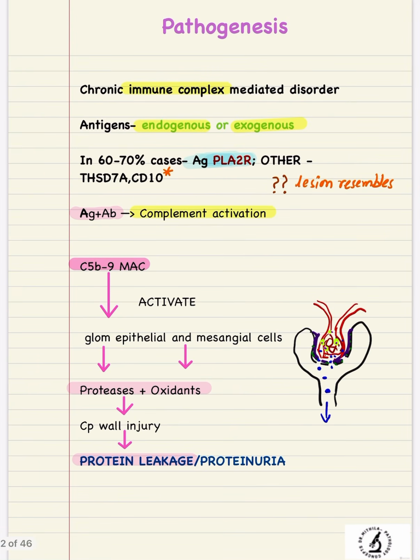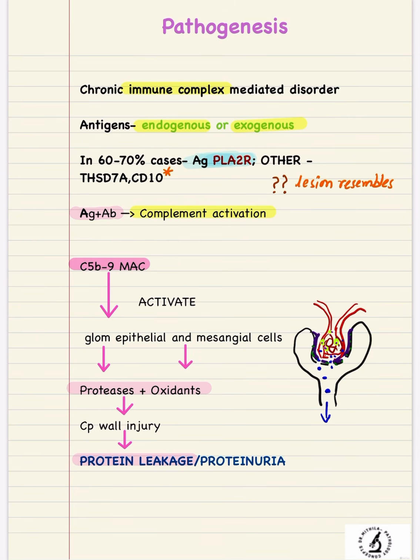Now the pathogenesis. Basically it is an immune complex mediated disorder, and the most common cause is antibodies formed against the antigen PLA2R. This antigen is present in the podocyte, and the antibodies attach to it. The antigen antibody complex is formed, and this immune complex leads to activation of the complement system.